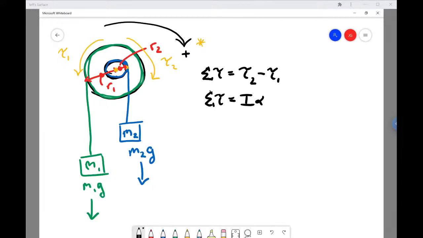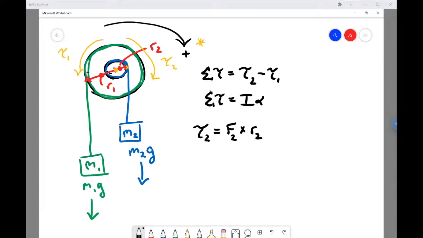Okay. So the torque, tau 2, is going to have a magnitude equal to the force exerted by mass 2 crossed into that distance R2. These forces are applied exactly perpendicular to the wheels.